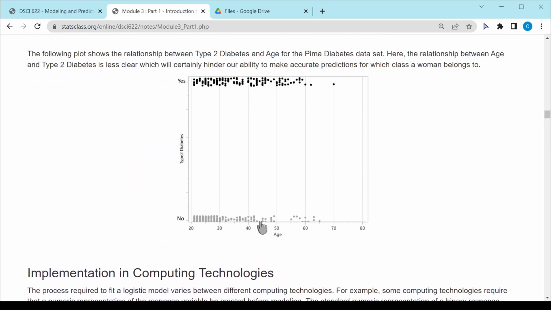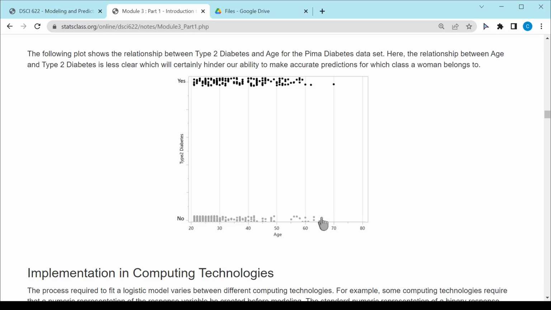What my model is going to end up doing, after looking at the logistic curve, is when I am at about 45 and above, I was going to predict them to have diabetes. I have 31 down here in this lower group that are over the age of 45 that do not have diabetes.